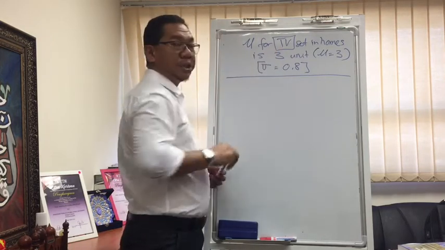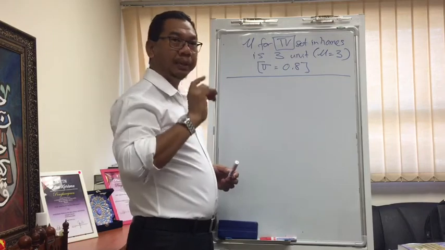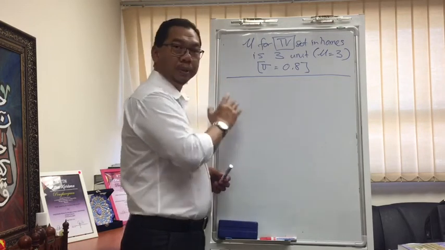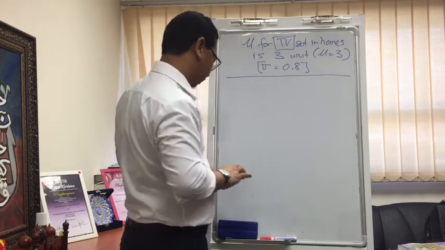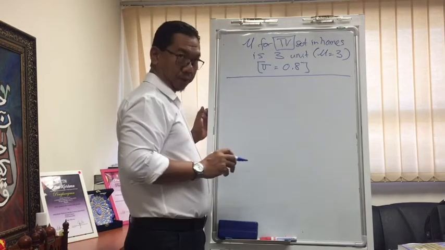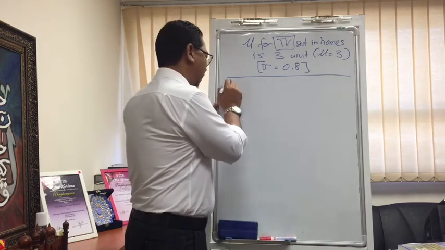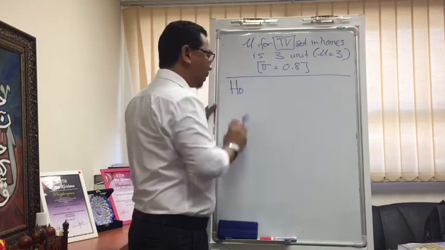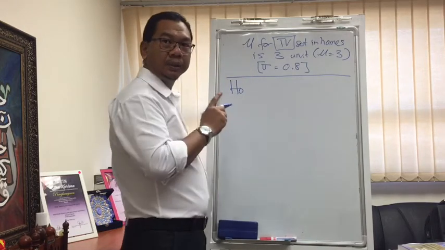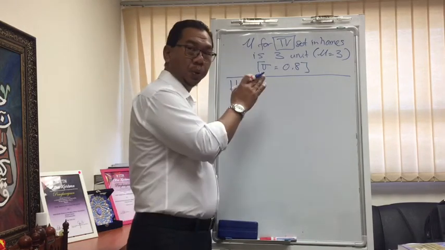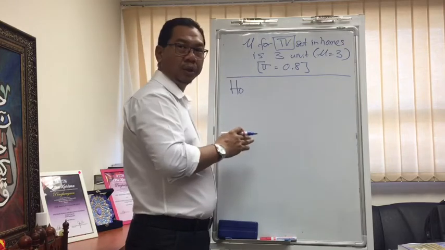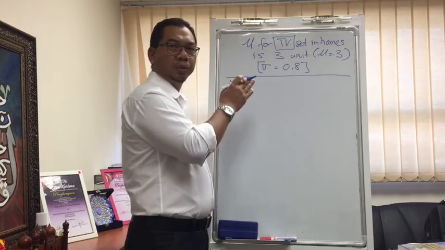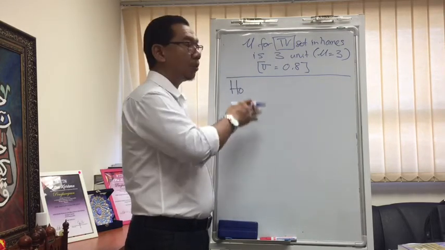Once we know the situation, the first step is that we will develop the hypothesis. So we have several options. First one, of course, is the null hypothesis. The null hypothesis refers to the status quo, the historical value, the common belief or the standard.